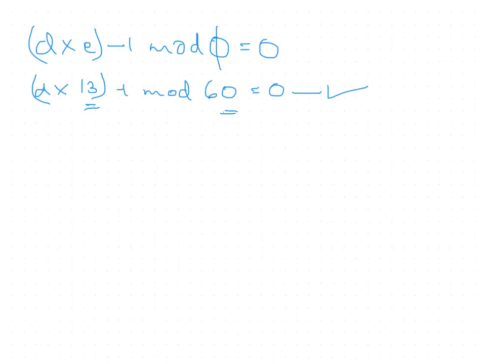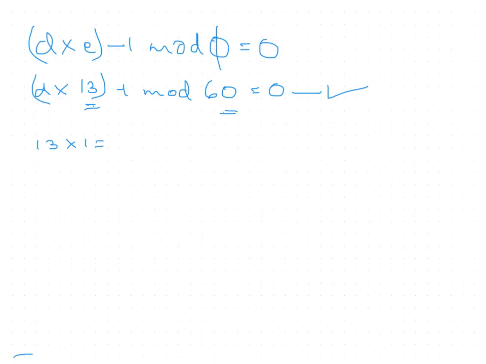So the product of 13 should be one number greater than a product of 60. Product means it is completely divisible, right? So what I'm doing is writing the table of 13 and the table of 60.